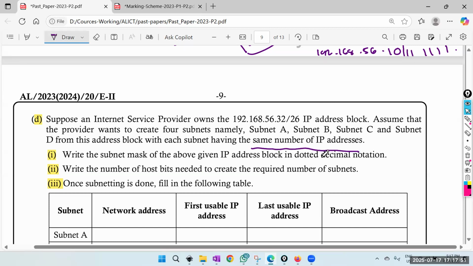So this is super easy, super easy if you know the theory, right? So remember /26 is in the fourth octet. Therefore we need to play with the last octet. So that is 192.168.56, and let's say 32 converted to binary. 16 nothing, 8 nothing, 4 nothing, 2 nothing, 1 nothing.